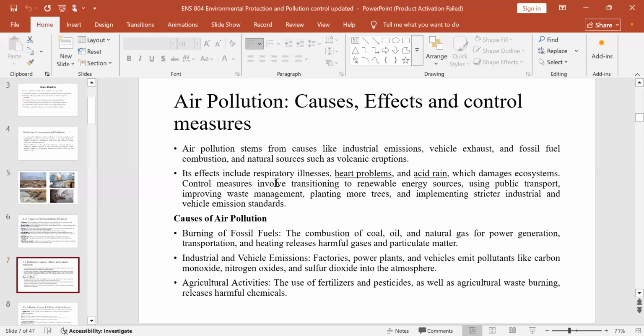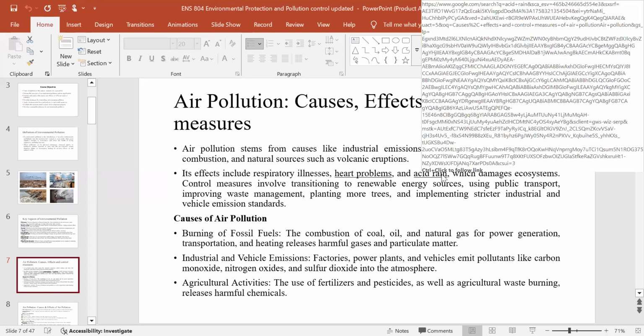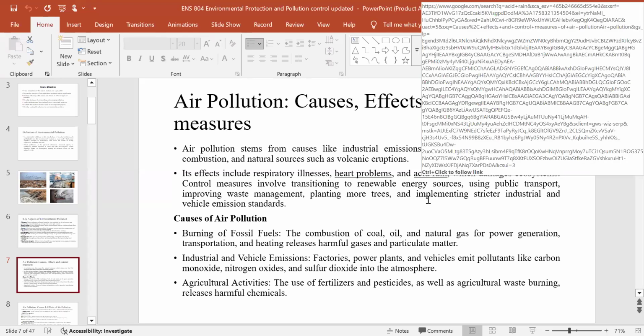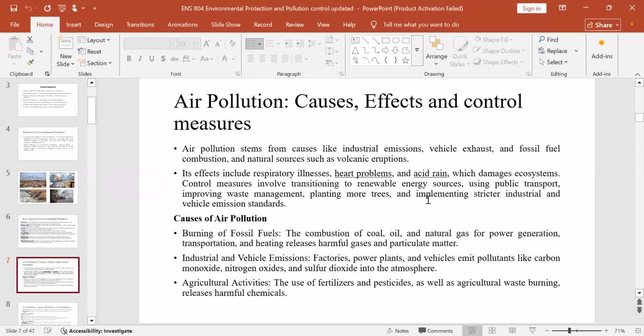So the effects of air pollution include respiratory illnesses, heart problems, and acid rain, especially where you have high concentration of gaseous effluents from fossil fuel discharges. Acid rain is very common in oil processing areas where you have continuous flaring of hydrocarbons.